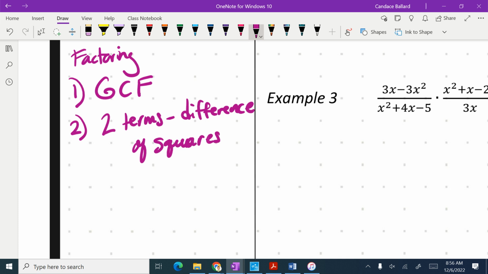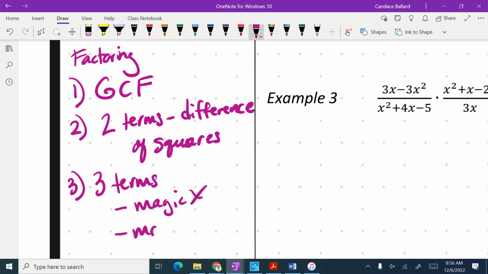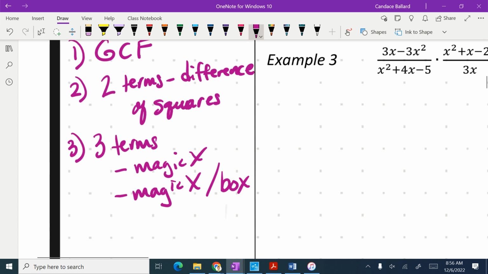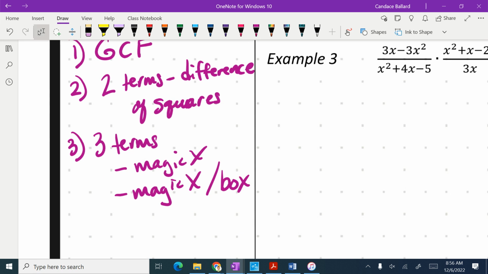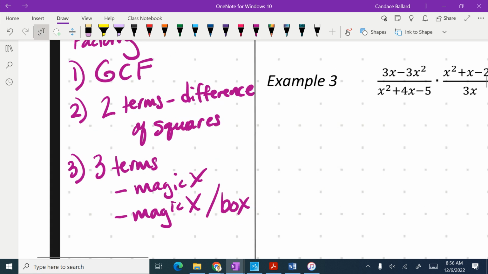That's a greatest common factor factoring. That's a magic X factoring. Then if we have 3 terms, we look for a magic X or a magic X with a box, or an X box. Okay, so that's the order of things that we do.